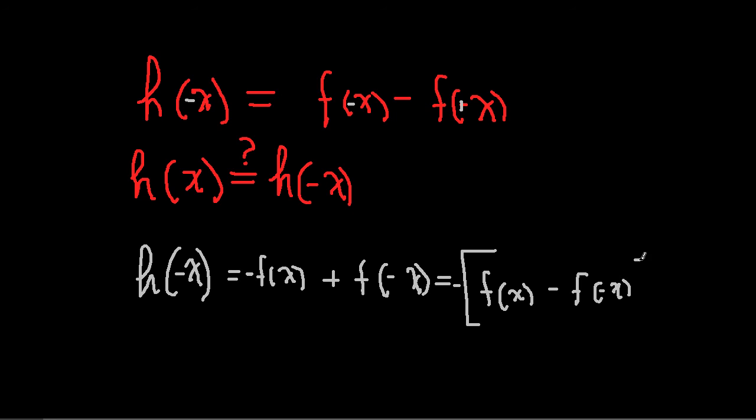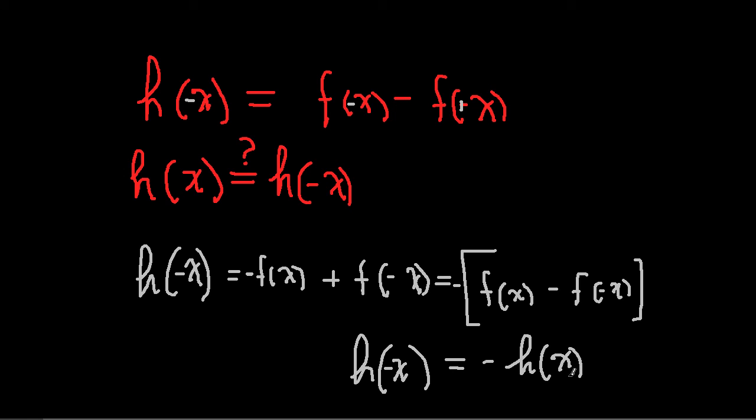By the definition of h, this is equal to negative h of x. So h of negative x is equal to negative h of x. This means that h of x is odd.